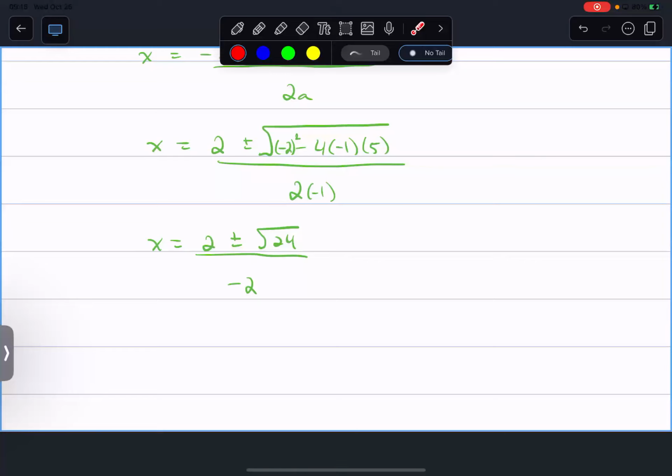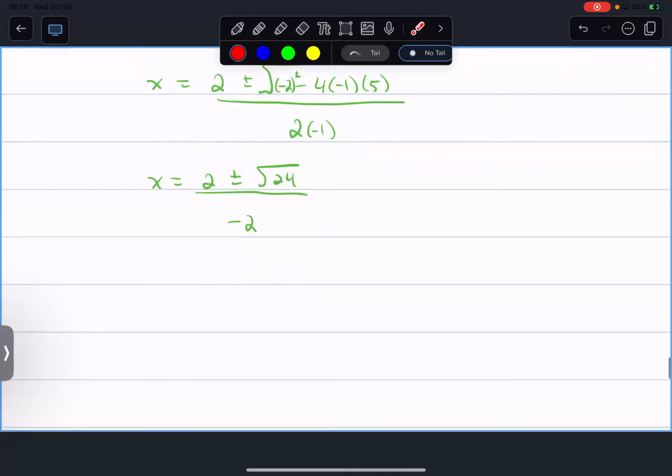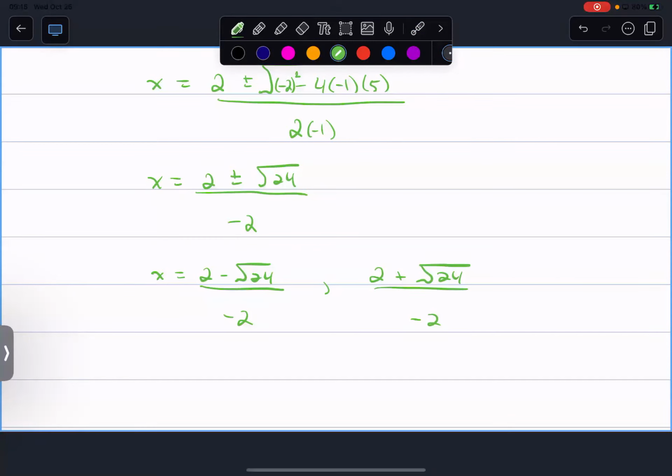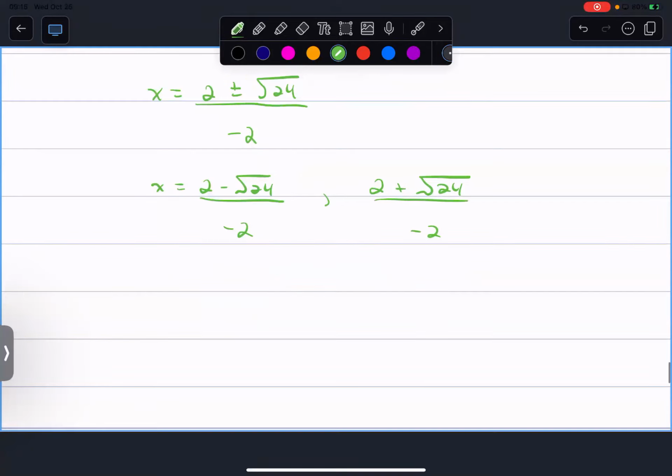And so I'm opting not to, but that's up to you. 2 minus root 24 divided by negative 2. And 2 plus root 24 divided by negative 2. 2 minus the root of 24 divided by negative 2 is negative 1 plus root 6.